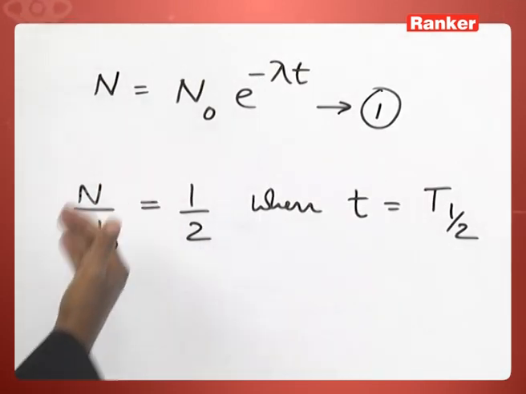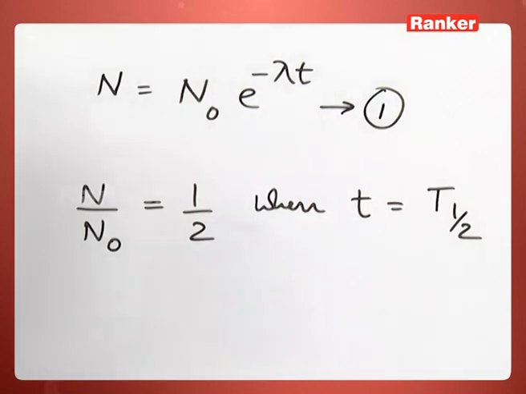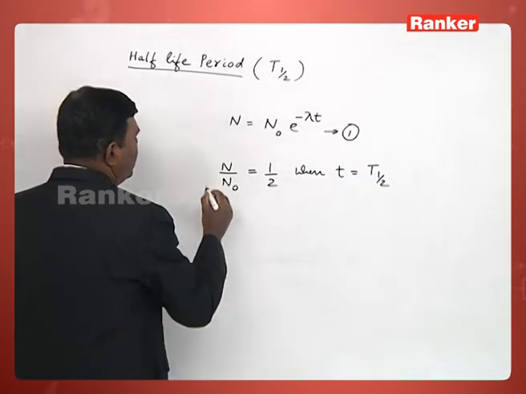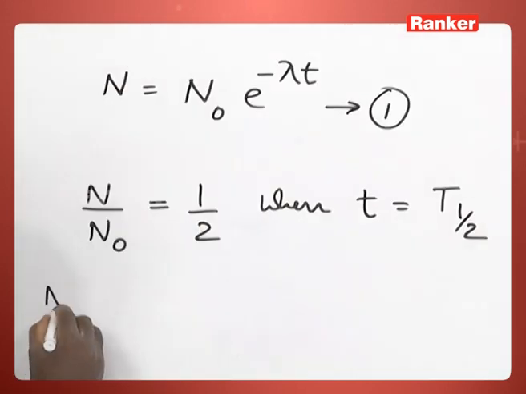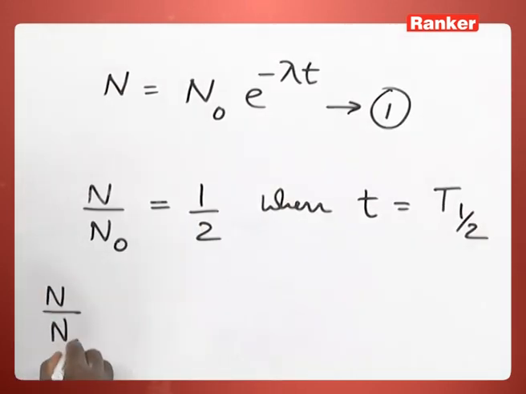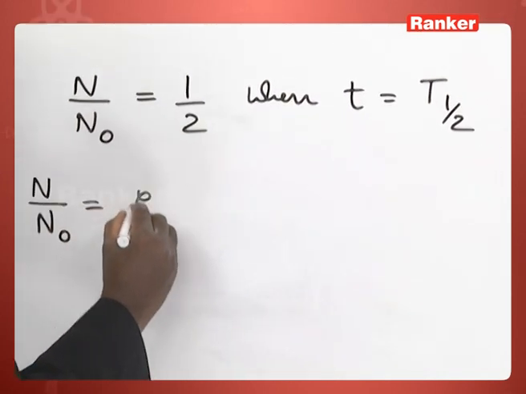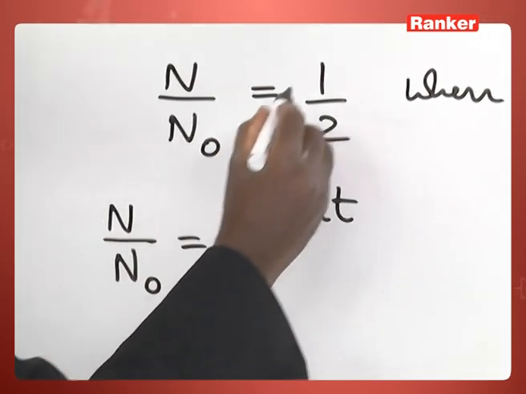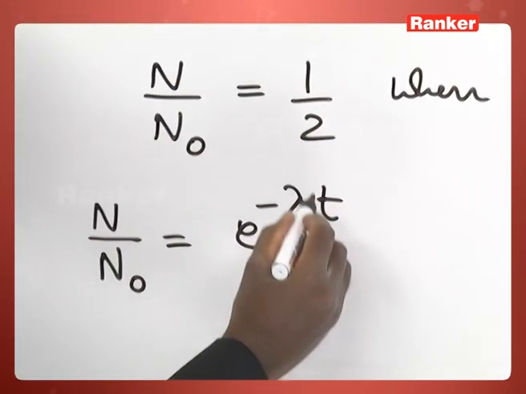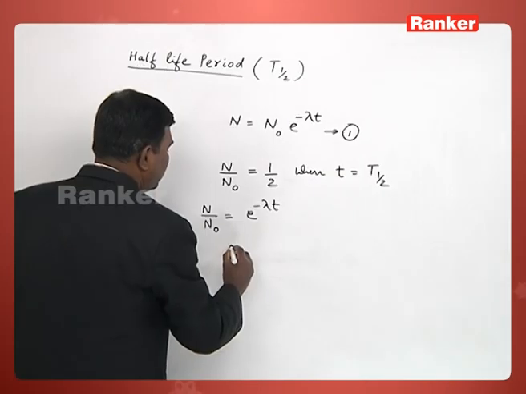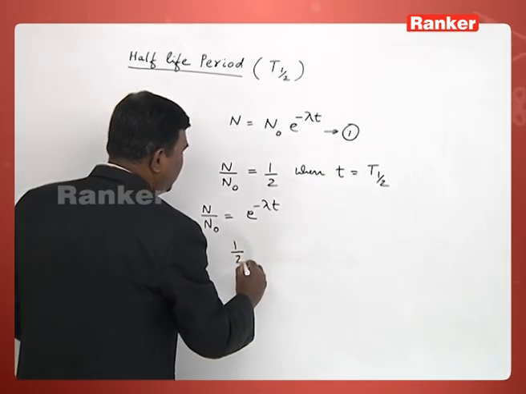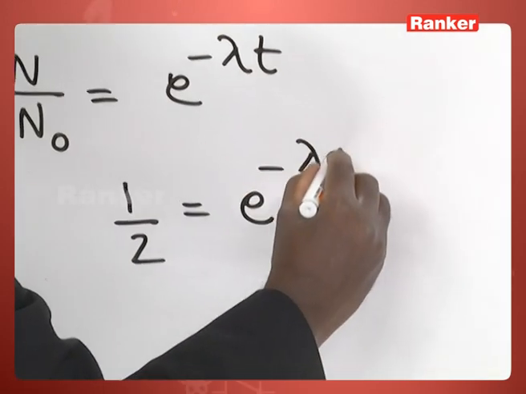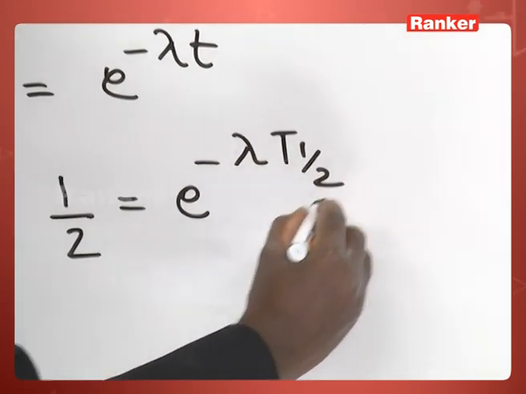That ratio is equal to half when time is half-life period. In such case, equation 1 gives N by N naught equal to e power minus lambda t. In place of N by N naught, we can substitute 1 by 2, and in place of t, we can substitute t half. So this expression becomes 1 by 2 equal to e power minus lambda t half.